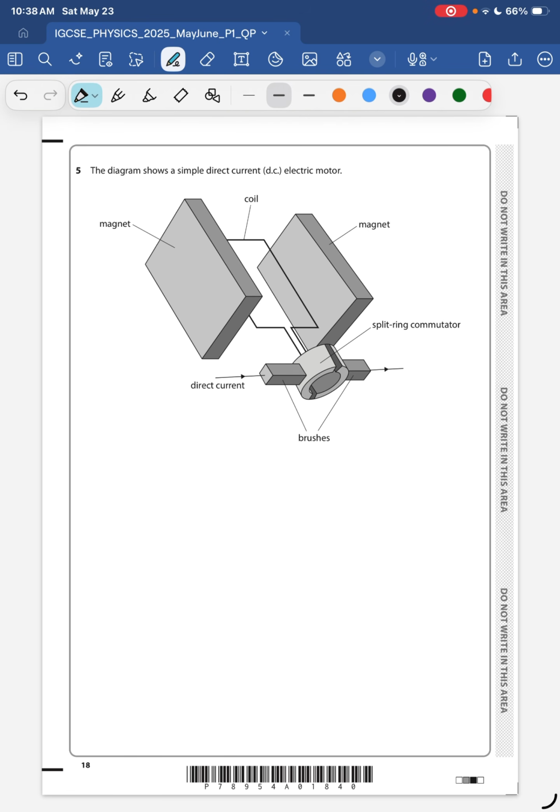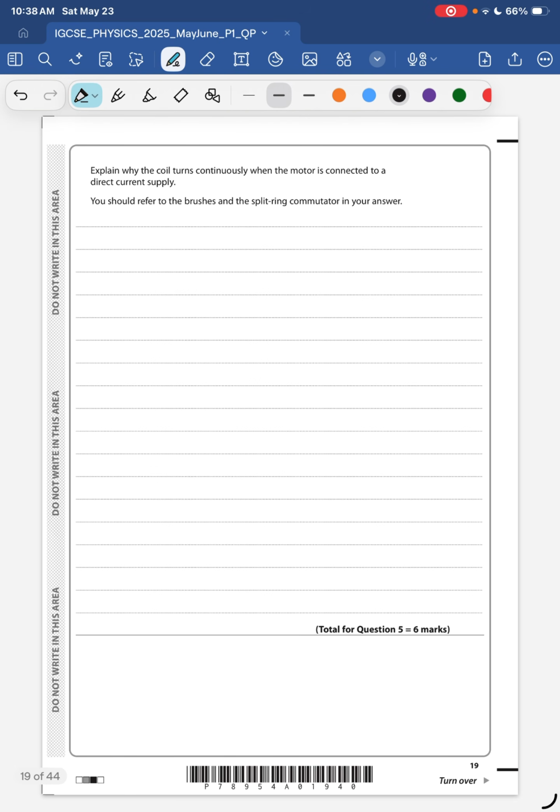So let's go read the question actually. Explain why the coil turns continuously when the motor is connected to a direct current supply. You should refer to the brushes and the split ring commutator in your answer.